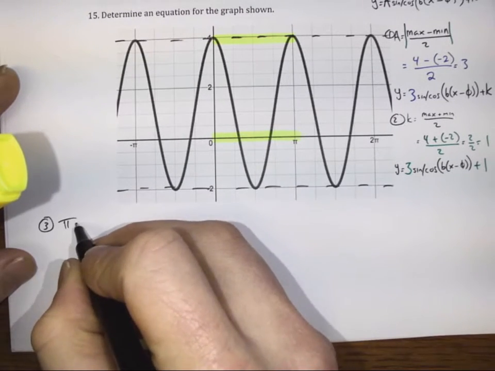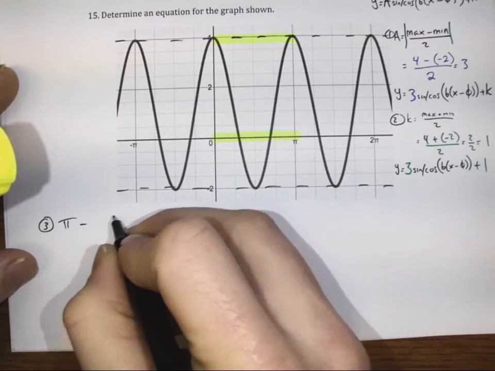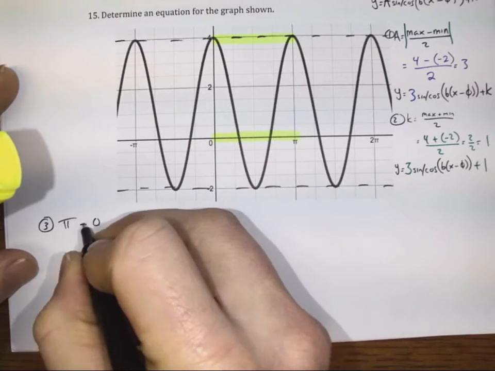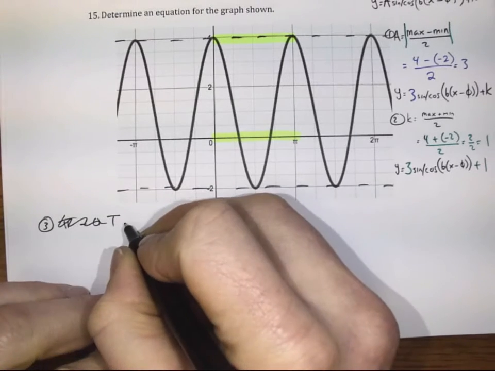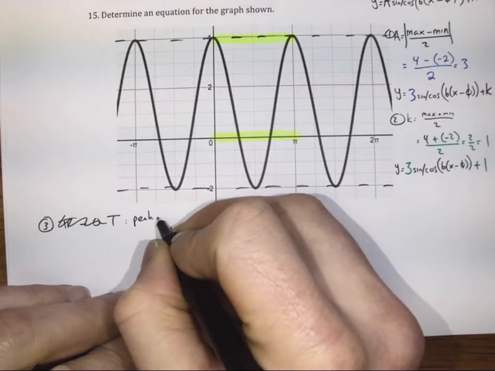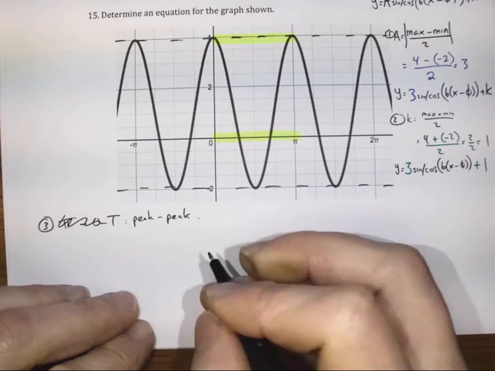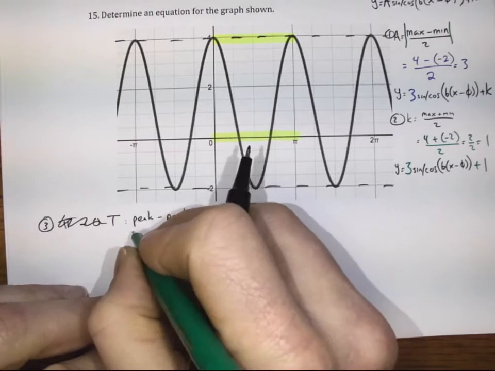So we look and say that's pi for this value of x, take away 0. Oh, right, so I'm going to label that. We're going to find our period. Our period, we can go peak to peak if we want. And we're only looking at the x values.